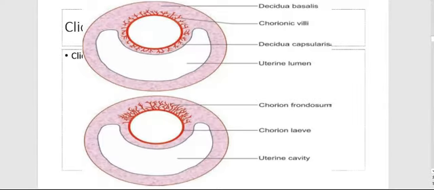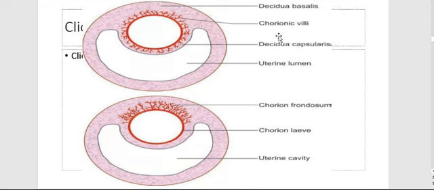So let's look at the types. You can see they have all projected around the chorion, and they are projecting into the decidua. Some are projected into the decidua capsularis. Some have also projected into the decidua basalis.